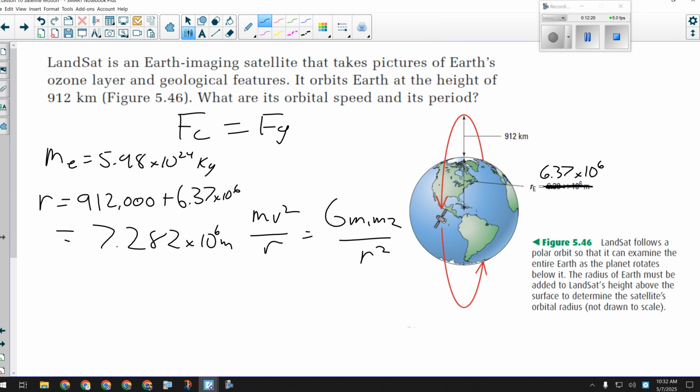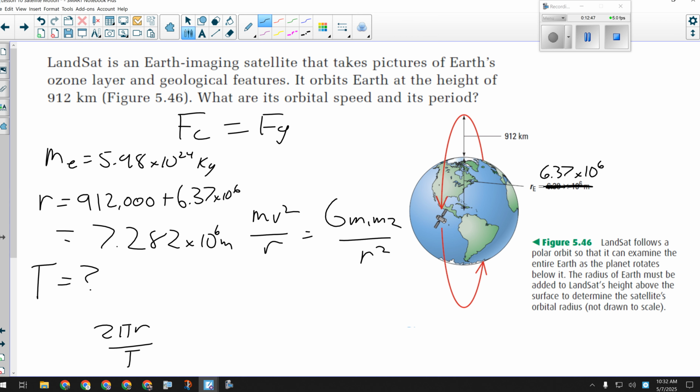Now the question wants the period, not the speed. Two ways to do this. I could solve for the speed and then do a second step where I plug into v equals 2 pi r over T to get T. Or I could just substitute in 2 pi r over T right now for v. That's the way I would do it.